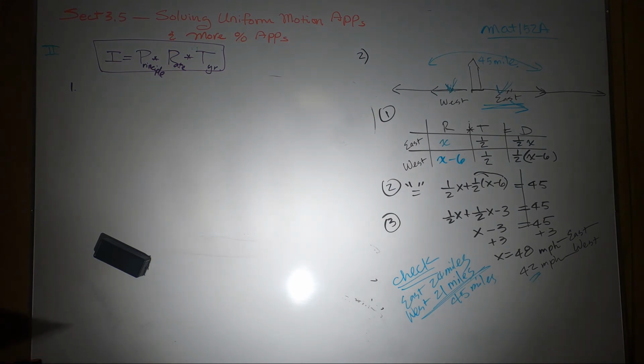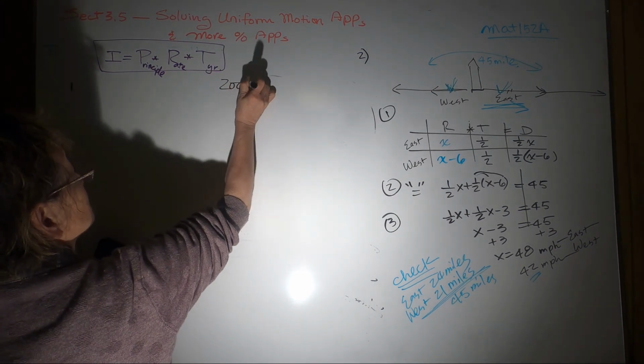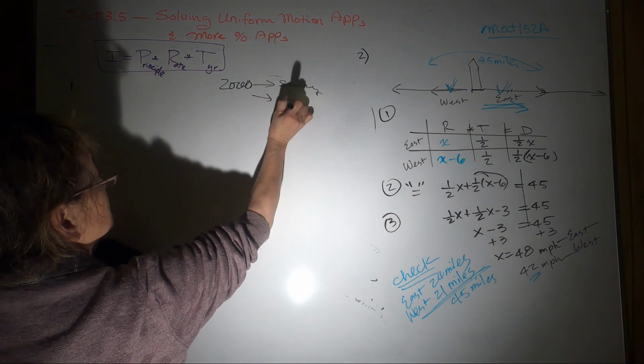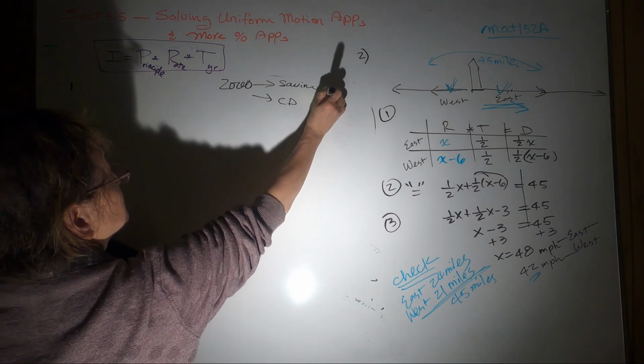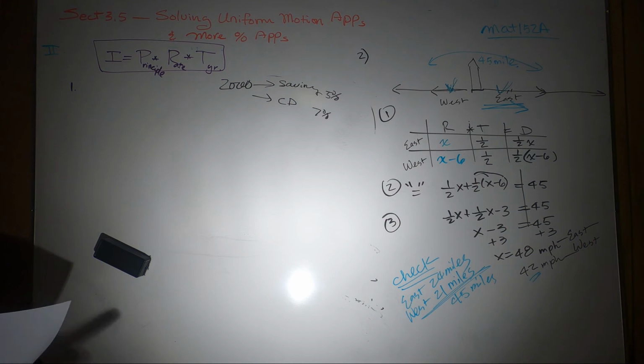Say my friend Mary, she has $2,000. She wants to put some money into the saving, then some money into the CD. The CD earns 7%, saving earns 5%. Why does she not just put all the money in the CD to gain 7%? Once you commit to put it into CD, you cannot take it out.